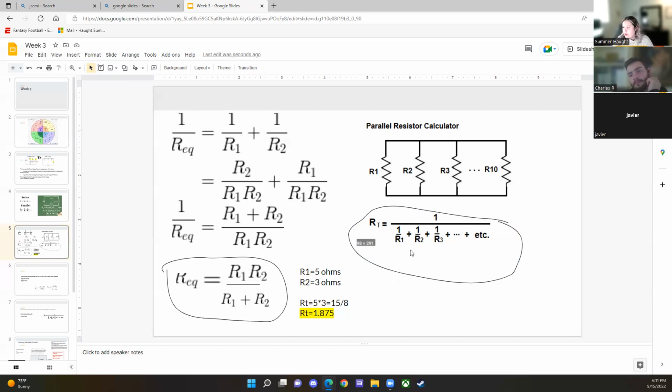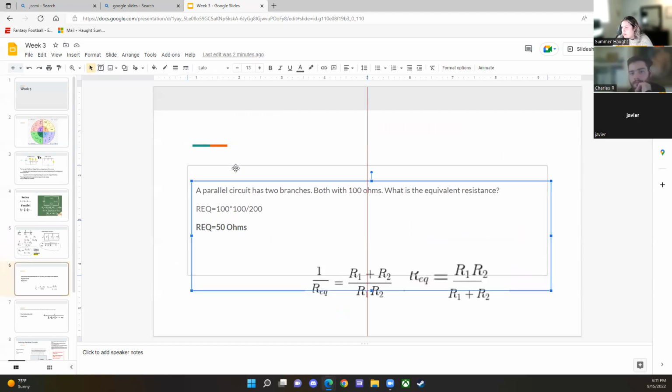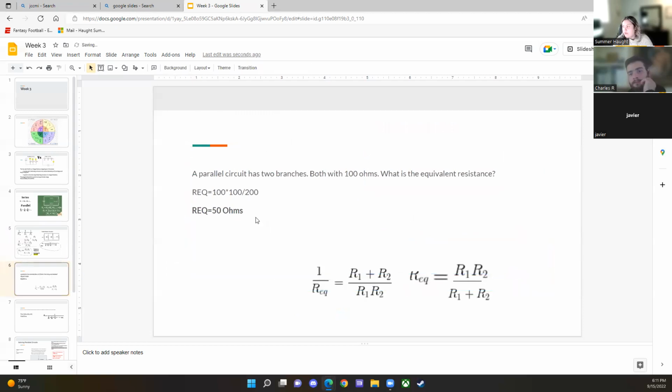This is probably confusing right now, because it is confusing to talk about it and not do an example. I'll do an example in a minute, and hopefully that'll clear up how to use this equation.